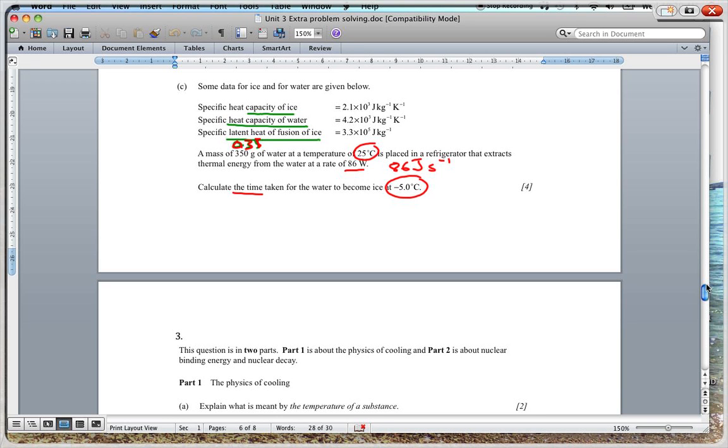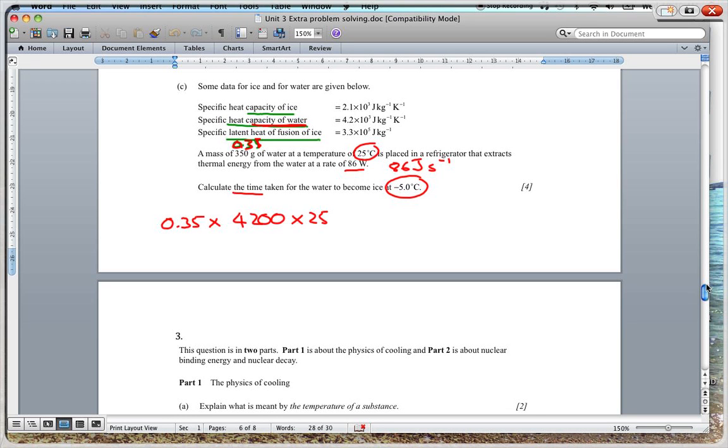Okay, so let's look at all the energy that needs to be lost by that water. Firstly, as the water cools from 25 to 0, your mass is 0.35 times your specific heat capacity of water, which is given as 4,200, times the change of temperature, which is 25.